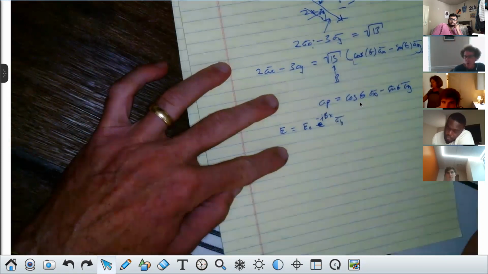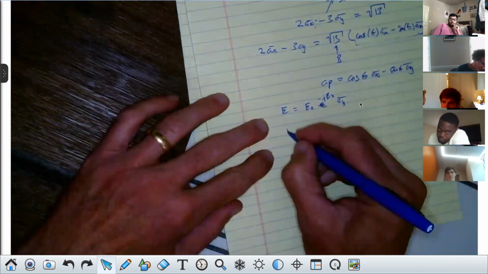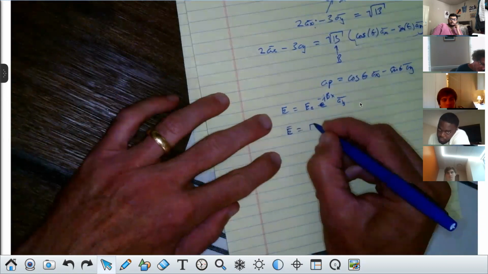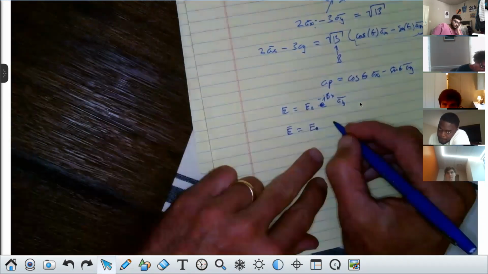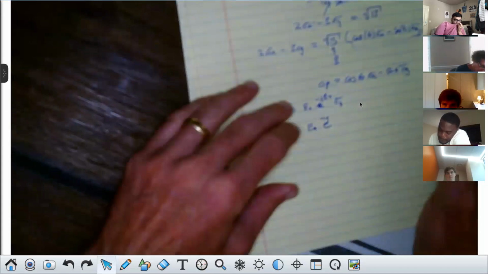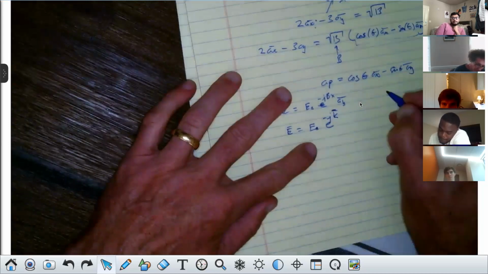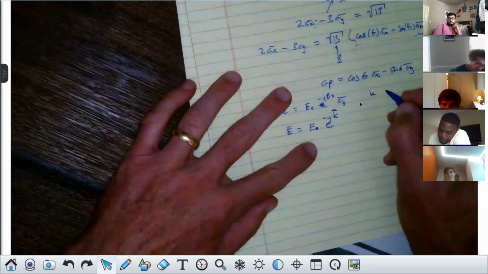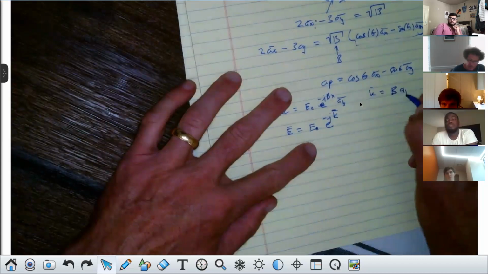Now, in the real world, this is how we dictate this. We say E in general is equal to some magnitude, E naught. That's the truth. Then we'll have e to the minus j. Now beta becomes a vector, and usually they actually put k here. K is like beta, only k is a wave number, and it's like beta with a vector direction, right, in the direction of propagation.